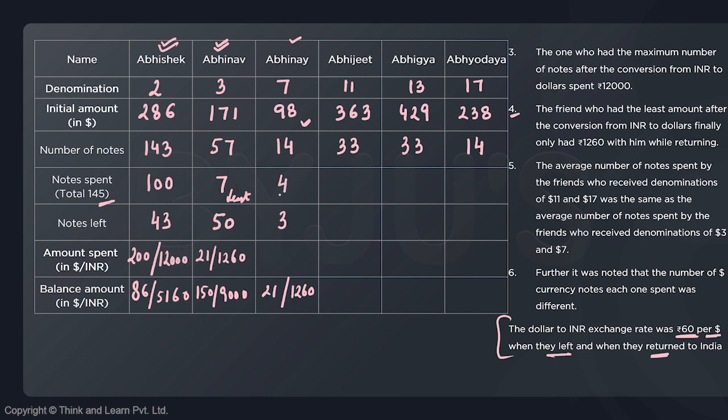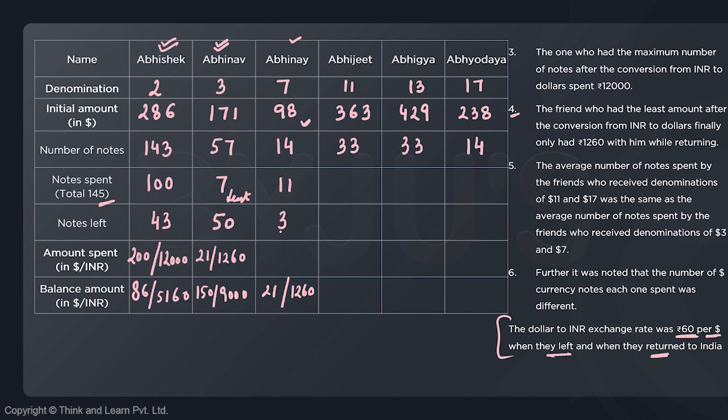I'm sorry, let me just erase it once again. I repeat, 1260 rupees is the amount he was left with, which is equivalent to $21. He had dollars of denomination 7.